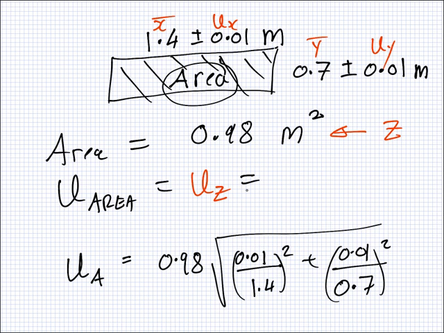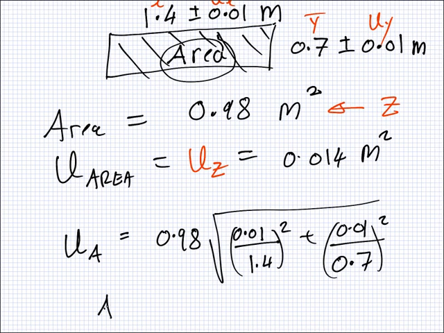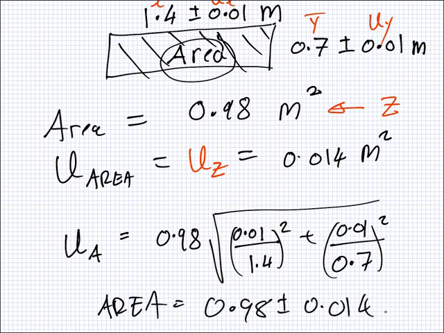So what did we get here for it? 0.014 meters squared. So the area is 0.98 plus or minus 0.014 meters squared.